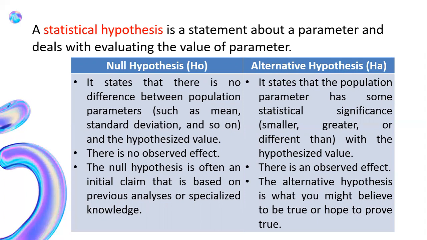On the other hand, the alternative hypothesis states that the population parameter has some statistical significance, meaning it can be smaller, greater, or different from the hypothesized value. It has an observed effect. The alternative hypothesis is what you might believe to be true or hope to prove true.